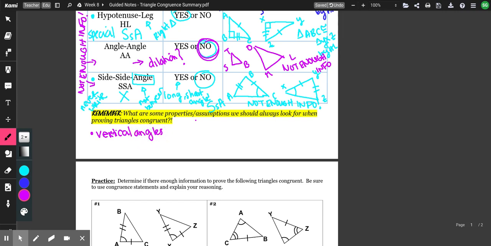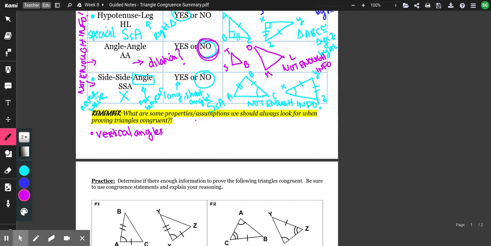So it's like the tick marks, the things that are already marked off, it's like you walk into a crime scene and you see something. That's what the tick marks are. Everyone sees it. We all know that it's true. Vertical angles are things that are true, but you might need to dig a little bit deeper to find them, right? You're not going to walk into that room and know that it's there.